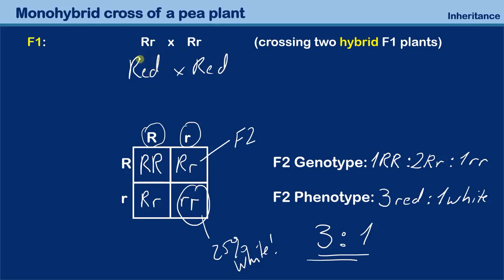Gregor Mendel was able to show that apparently these red plants still carry hidden somewhere the allele for a white flower color, but you cannot see it. And that is the interesting discovery, because many people thought, well, if you see a certain characteristic, then it's going to be inherited. And he said, well, no, not always. Sometimes you don't see it, and it's still passed on, and it can reappear after a few generations.